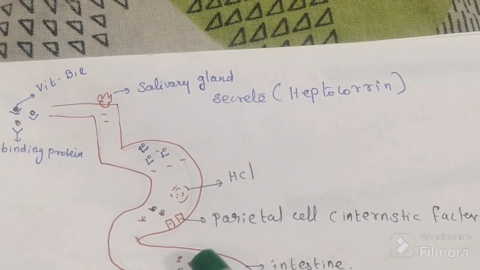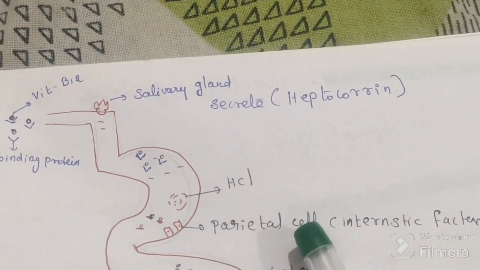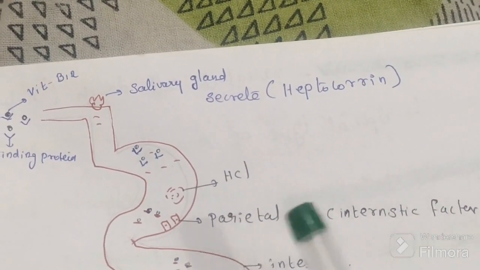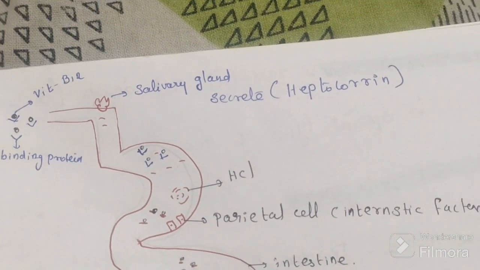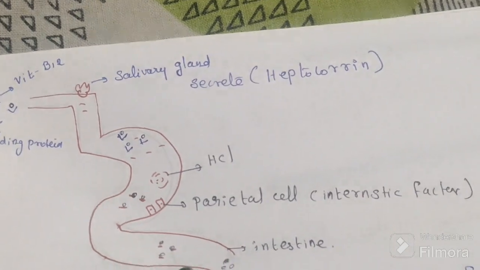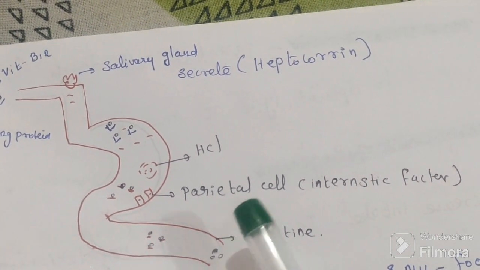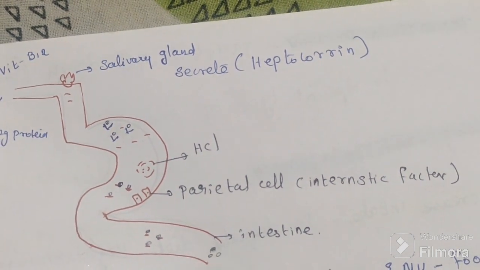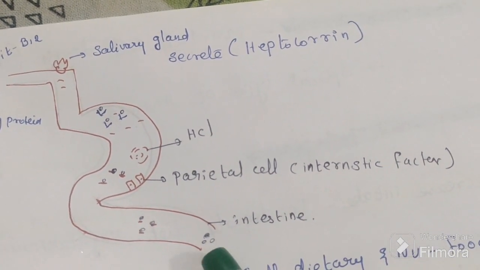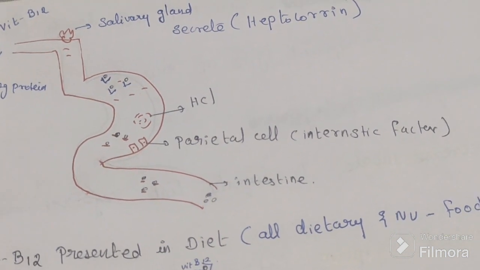When it reaches the intestine, the parietal cell secretes intrinsic factor, which separates haptocorrin from vitamin B12. Now vitamin B12 binds with intrinsic factor, finally reaches the jejunum, and gets absorbed.